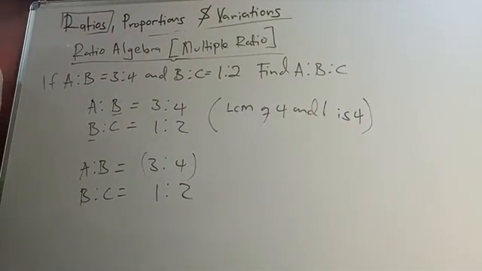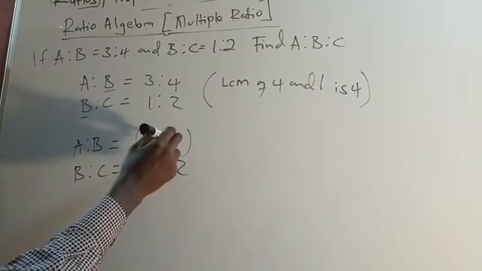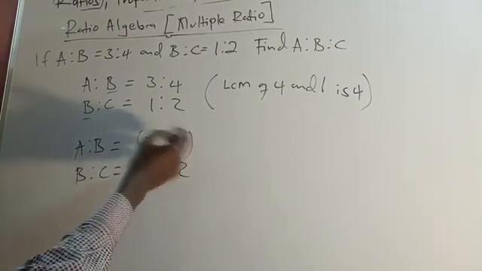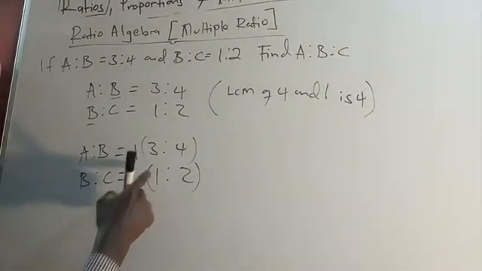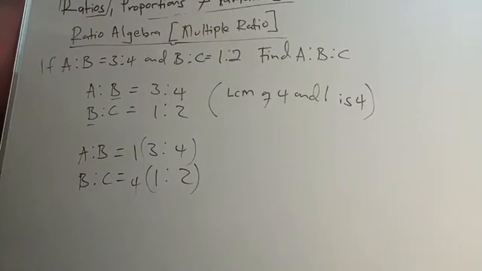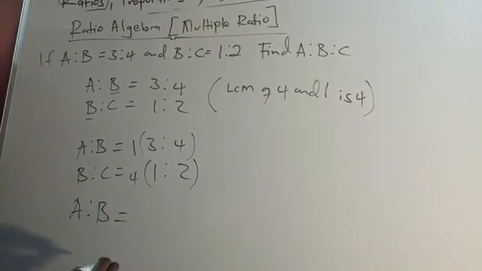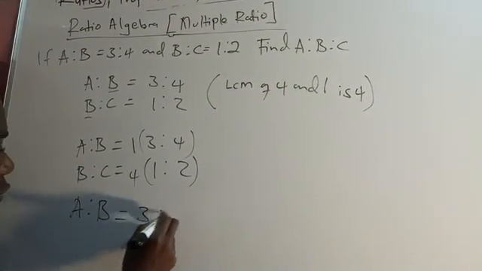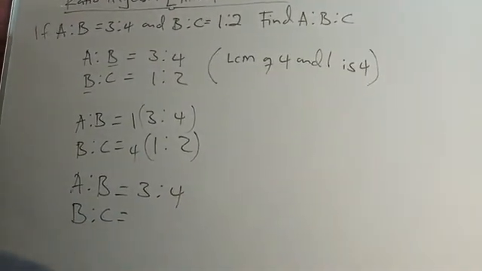So in order to get 4 here, we shall multiply by 1, and in order to get 4 here, we shall multiply by 4, getting A to B equal to 3 to 4 and B to C equaling to 4 to 8.